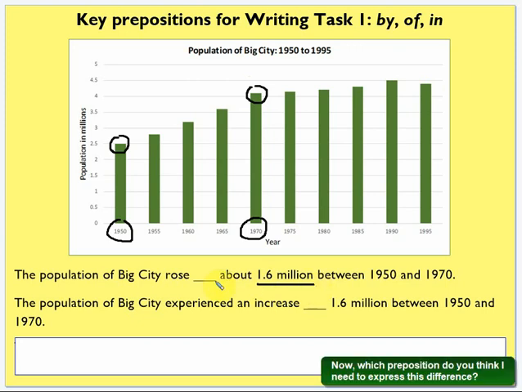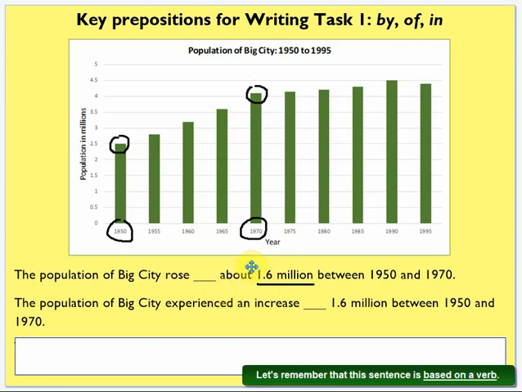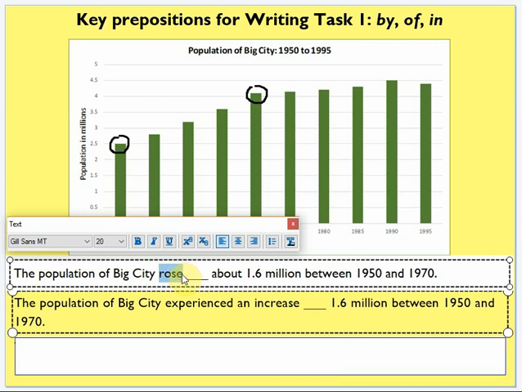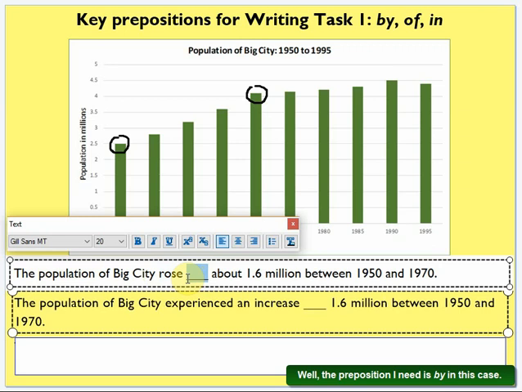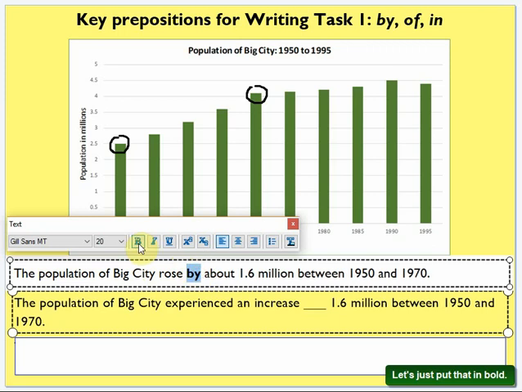Now, which preposition do you think I need to express this difference? Let's remember that this sentence is based on a verb. Well, the preposition I need is by in this case. Let's just put that in bold.